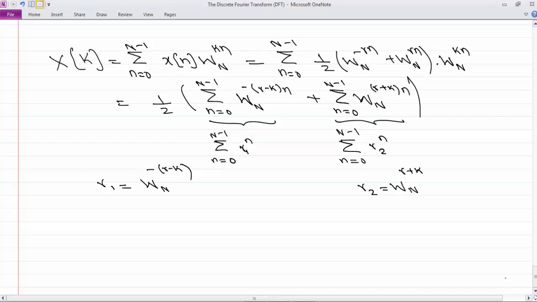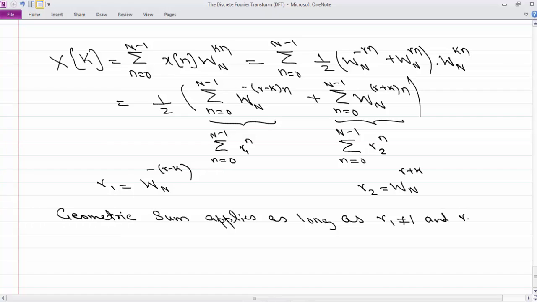Now we can compute the geometric sum, modulo what we should be careful about, which is that the geometric sum formula applies as long as r1 is not equal to 1 and r2 is not equal to 1.